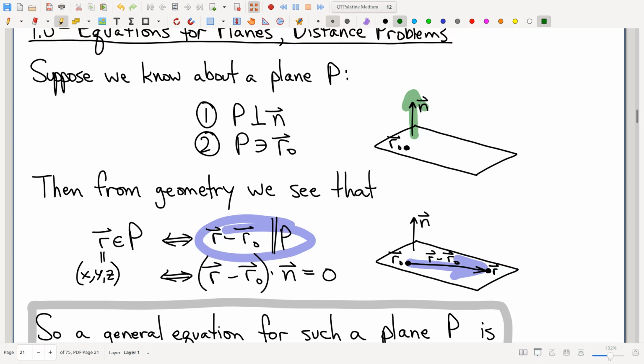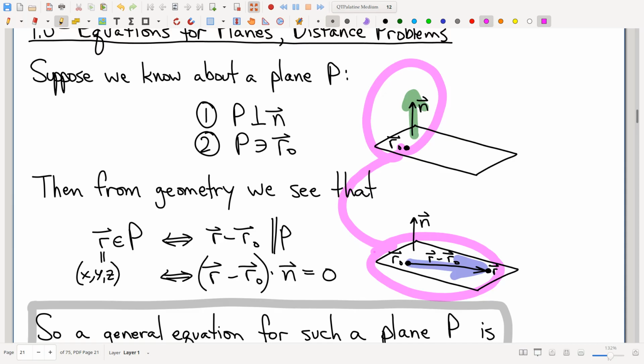And perpendicularity, this being perpendicular to that, we can represent with the dot product being 0. I'm being deliberately sloppy. I'm gonna fix my math crime in just a moment. But for the moment, perpendicular, dot product is 0. Is that cool?